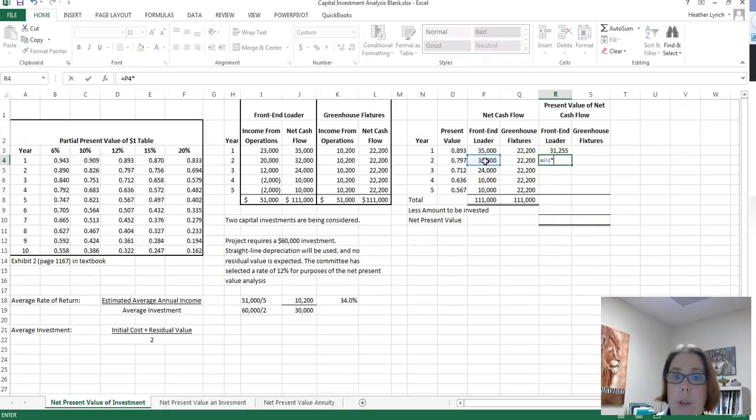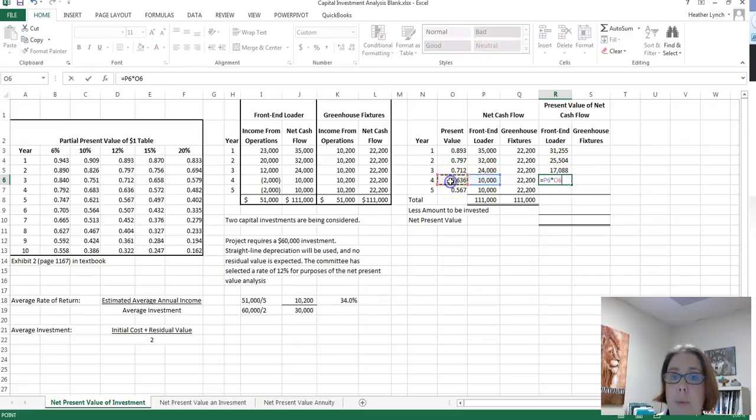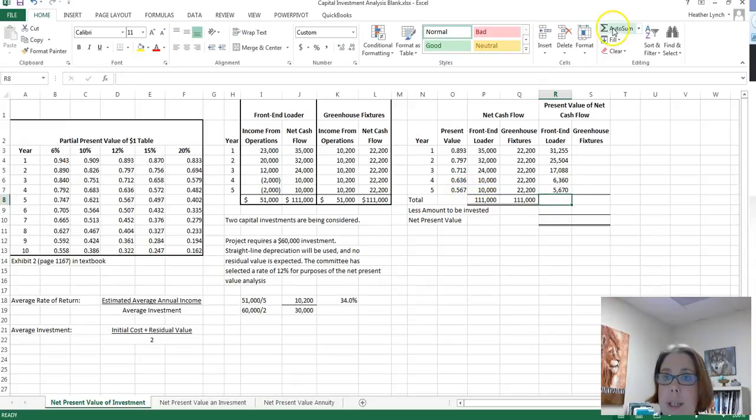Of the $32,000, the present value is $25,504. I'm just taking the net cash flow they provided times the present value factor. I can do my $10,000 times 0.636, and my $10,000 times 0.567, and I'm just going to copy this across.